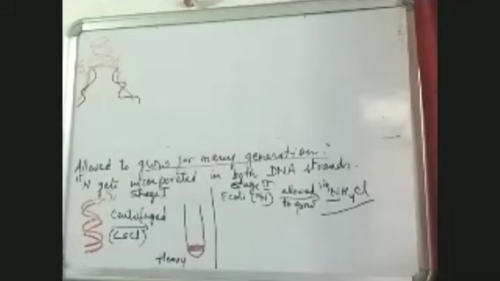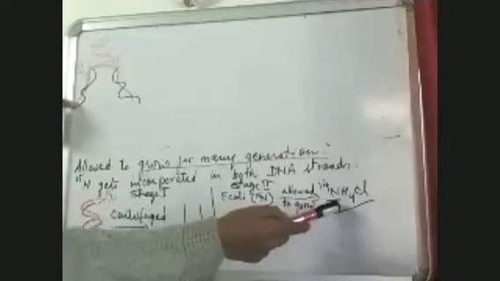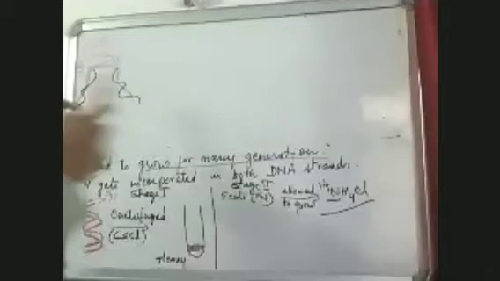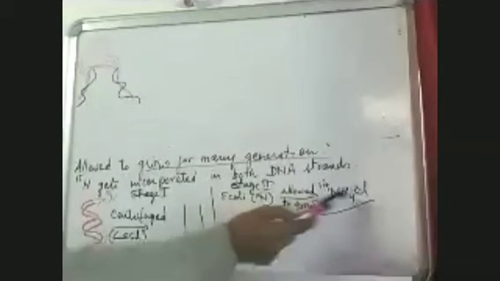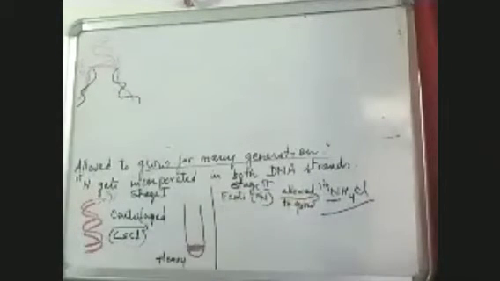That means one strand was the old strand which has N15, and the newly synthesized strand which was grown in the normal solution of NH4Cl has N14. So one was old having N15, then it was grown in NH4Cl having N14, so the new strand will have N14. So finally, what did they get? They got strands like this. See these two strands they have got?